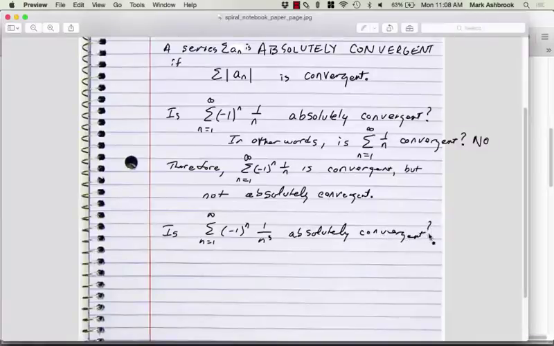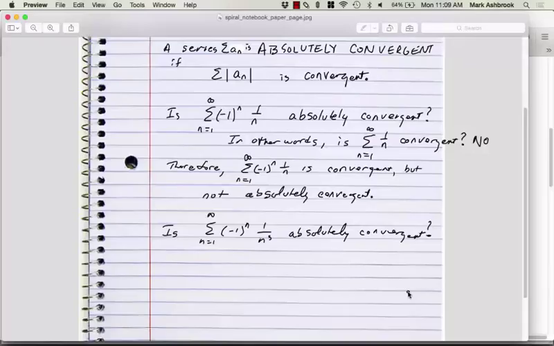How about (-1)^n times 1 over n cubed? Absolutely convergent? Yes or no? Gina, yes? Yeah, it goes to 0.